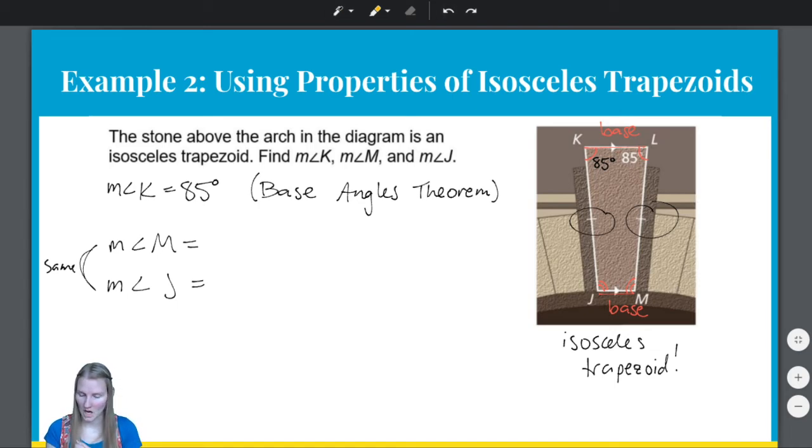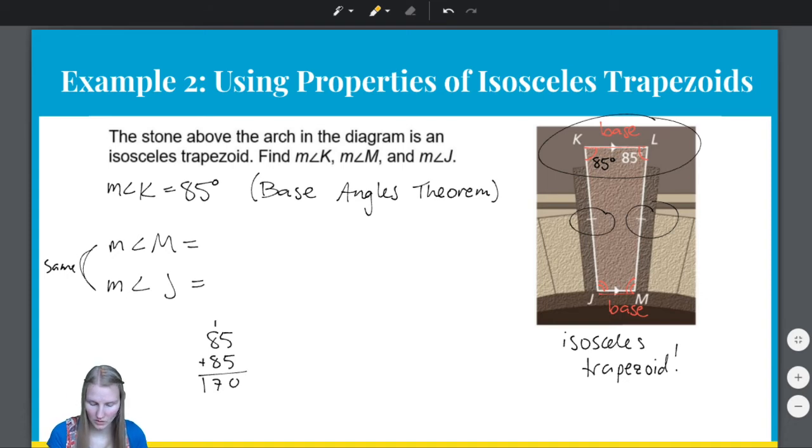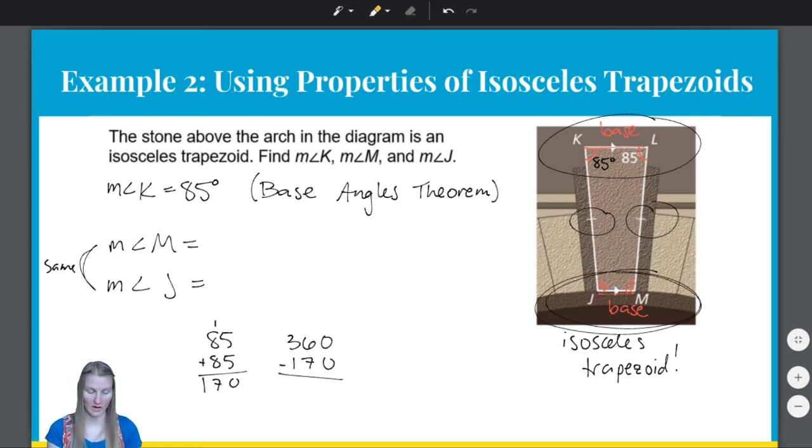So any quadrilateral has 360 degrees in it. So if we take these two angles, 85 plus 85 is what? 170. So if I can do 360 minus 170, that'll tell me what these two angles are.